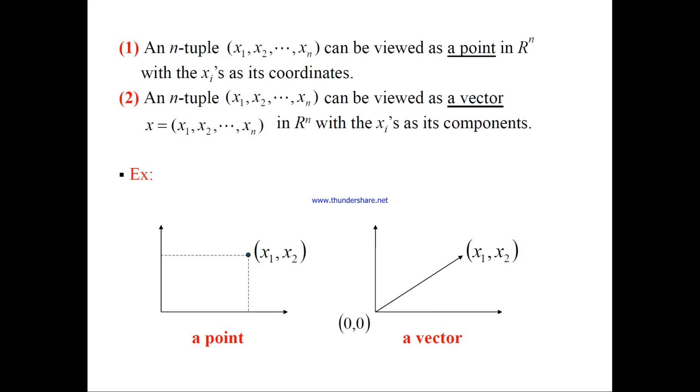Now, how do you say the given n-tuple can be viewed as a point or as a vector? When an n-tuple is viewed as a point, then the numbers we have become coordinates. x1 and x2 will behave as coordinates here.